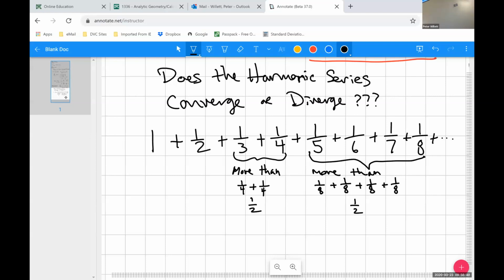And they would total more than 8/16, since each of the numbers there is at least as big as the last one. So the next batch would be more than 8 times 1/16, which is also 1/2.